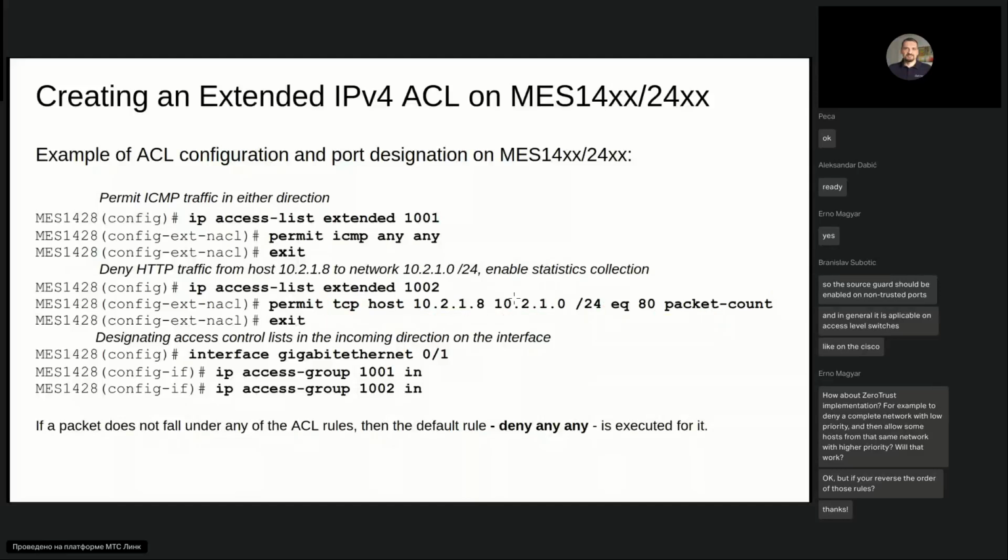Yeah, and the packet count command activates the statistics gathering for this ACL, whether it is located on the physical port or on the SVI, so the statistics will be gathered. The packet count is for the statistics. And then you may indicate those ACLs on the port, like IP access group 1001 in, 1002 in.